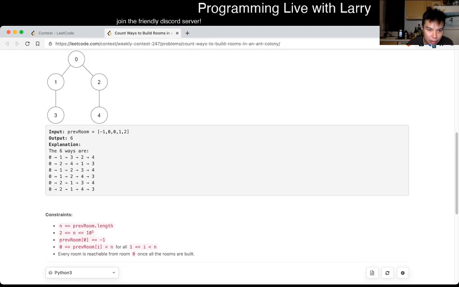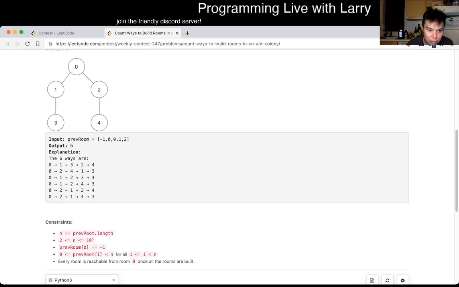So recursively we go. Are there any weird constraints? No, okay.